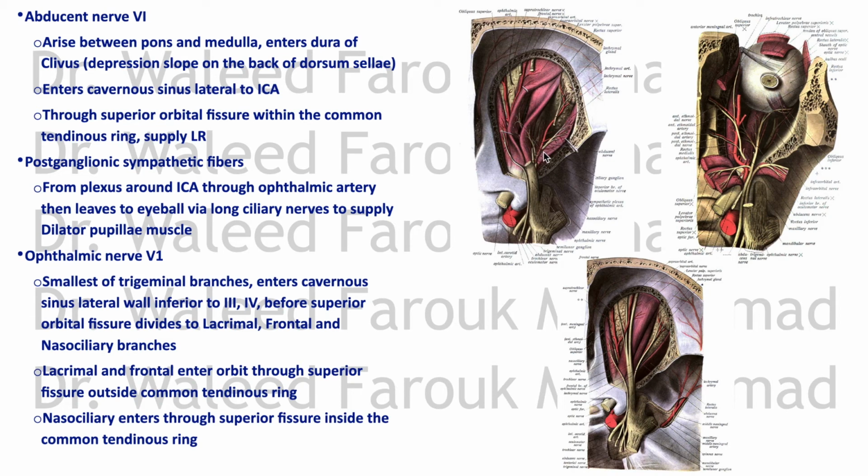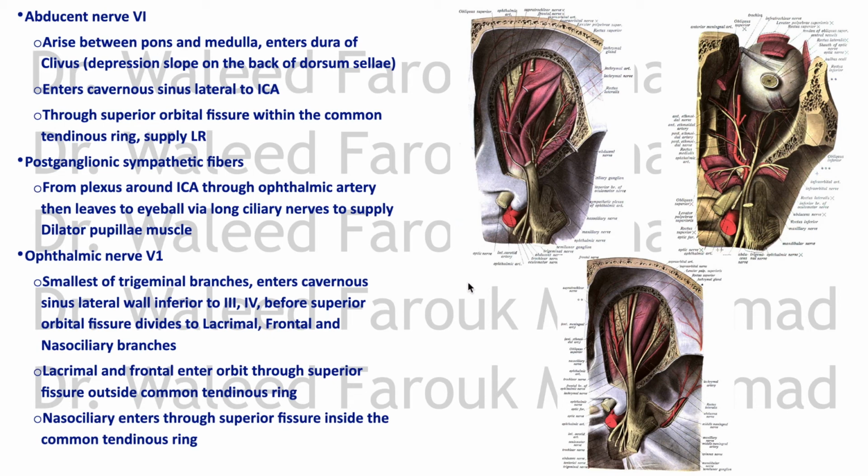See, this is the abducent nerve. It goes inside the common tendinous ring, so it's within the cone of muscles. These muscles that form the cone will be supplied from the global aspect, meaning the lateral rectus is supplied from the medial surface, and the medial rectus is supplied from the lateral surface, the surface that faces the globe, okay?